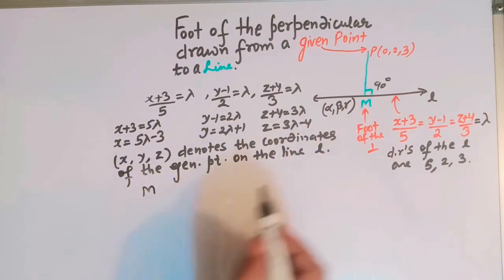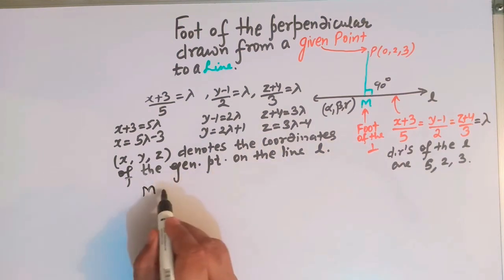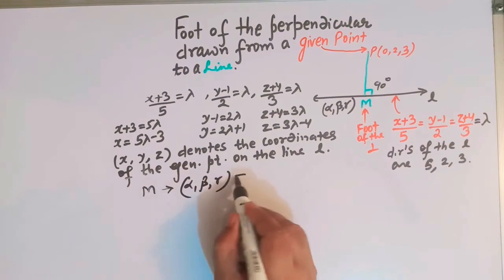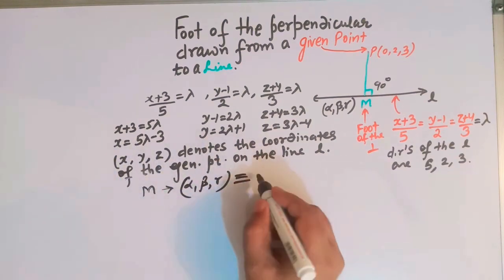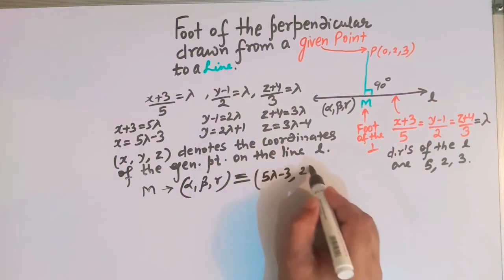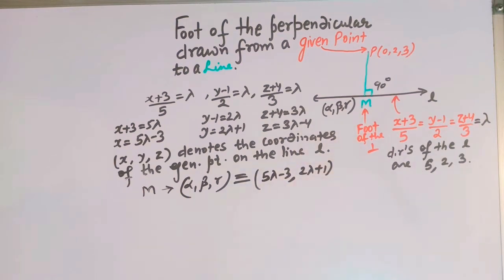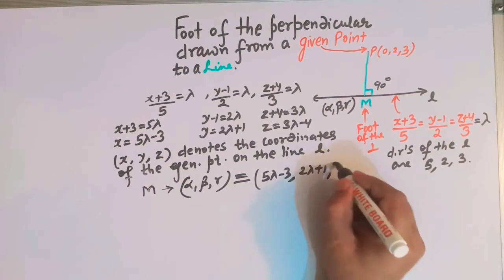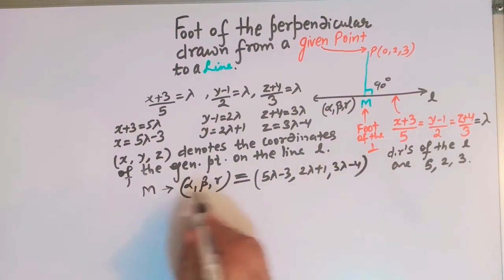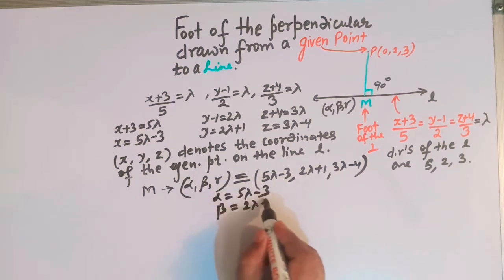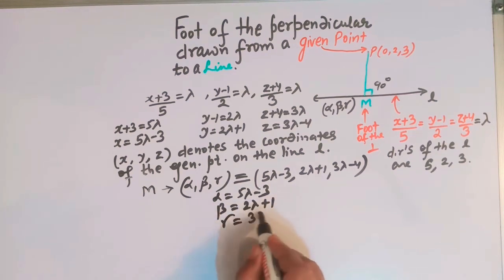So let us suppose that the coordinates of M are alpha, beta and gamma, and this alpha, beta and gamma are equal to x, y and z, that is 5 lambda minus 3, 2 lambda plus 1 and 3 lambda minus 4, right? Clear? So alpha is 5 lambda minus 3, beta is 2 lambda plus 1 and gamma is 3 lambda minus 4.